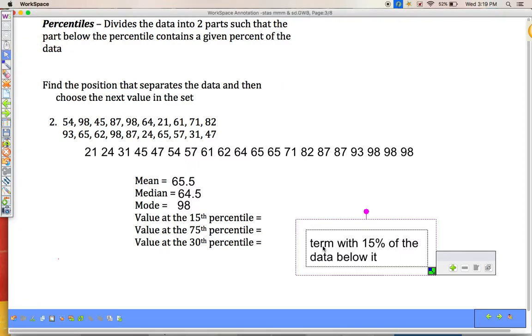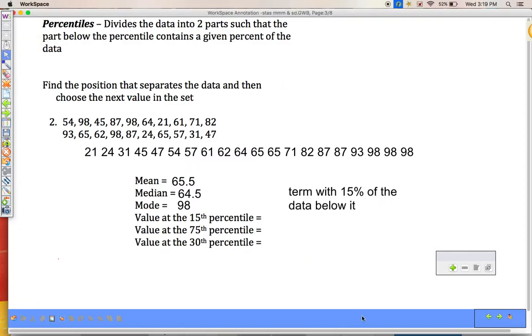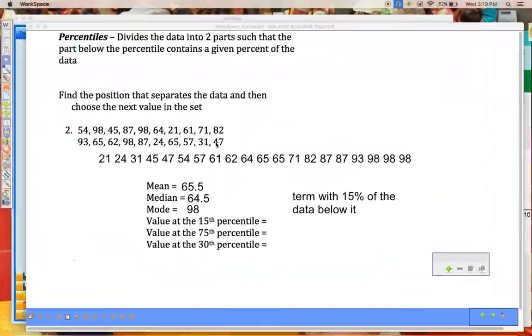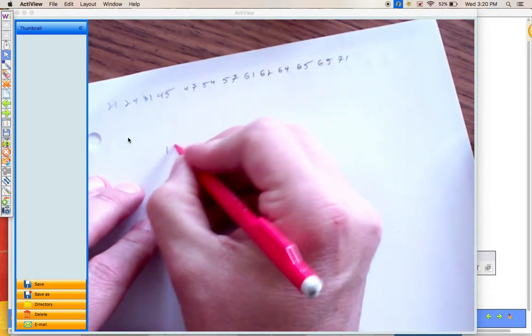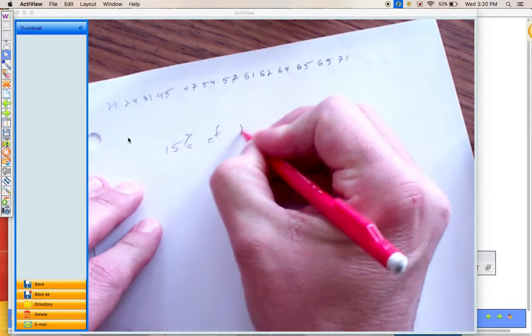That's what we're looking for in this first one. All right, so first thing we have to figure out is how many terms is 15%. To find the number of terms that are 15% of this set of numbers, I want 15% of my 20 terms.